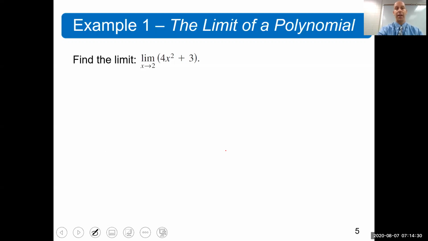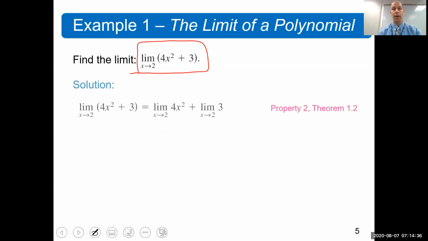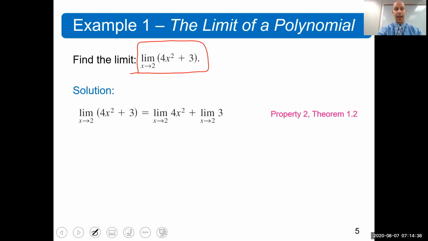So let's say I had this limit, and I'm asked to find it analytically using properties. How could I do that? Well, since that addition's there, I could use the addition property, property number 2. I took the 4x squared plus 3 and I split it into the limit of 4x squared plus the limit of 3.